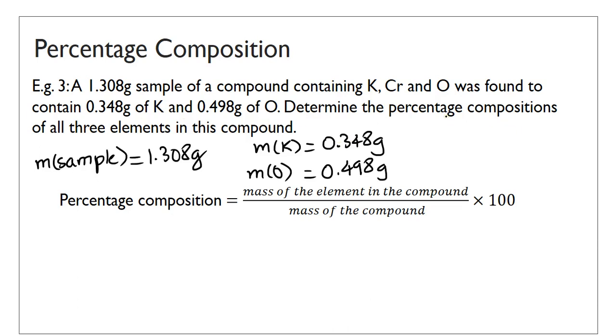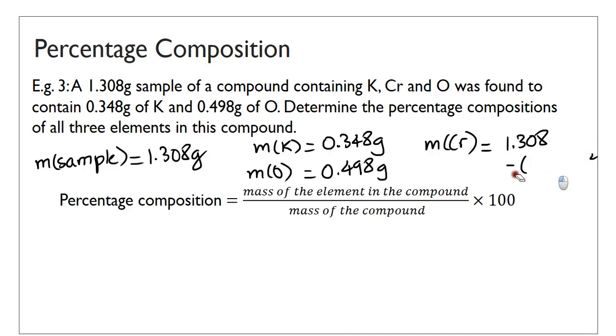There are 2 ways that you can go about solving this problem. You can either find the mass of chromium, which is just the total mass of the sample subtracting the mass of potassium and oxygen, because there are only 3 elements present in this compound. So I can go with 1.308 minus 0.348, and then minus 0.498.